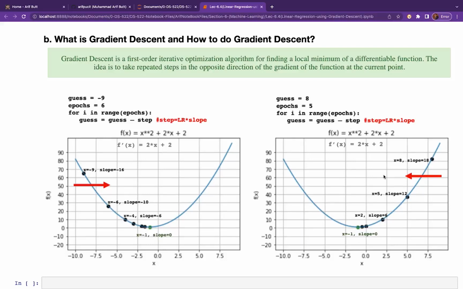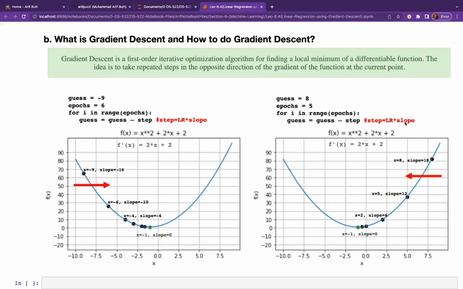Well, anyway, another important parameter in this algorithm is the learning rate, which is a very small fixed number. Normally, we take it as 0.01. This is kept small so that you should not take very large steps and miss the target. And remember, this step is actually a multiple of learning rate and the slope or derivative or the gradient.